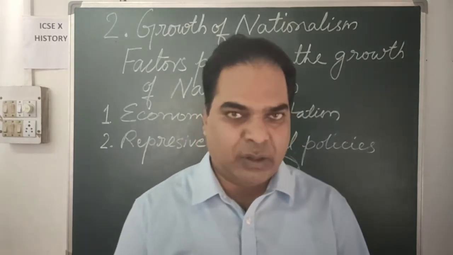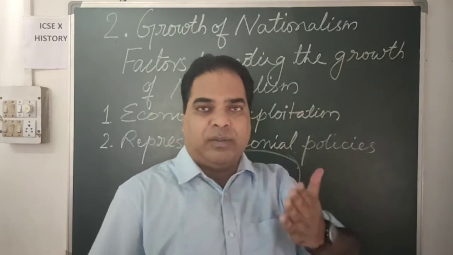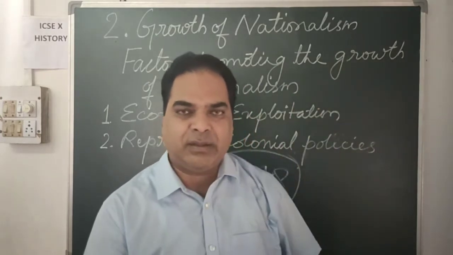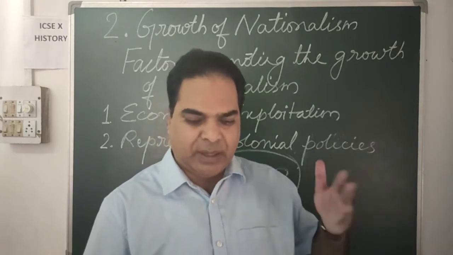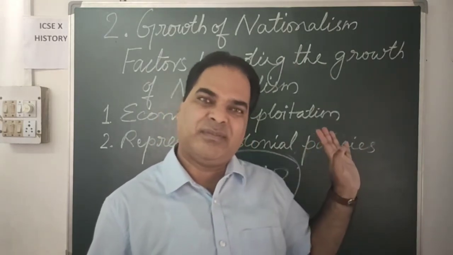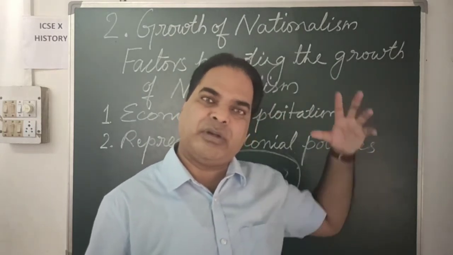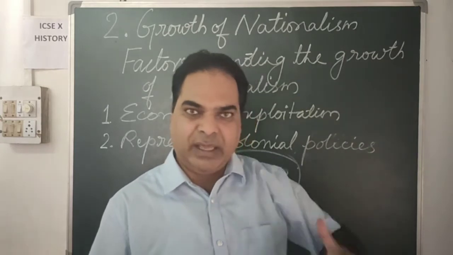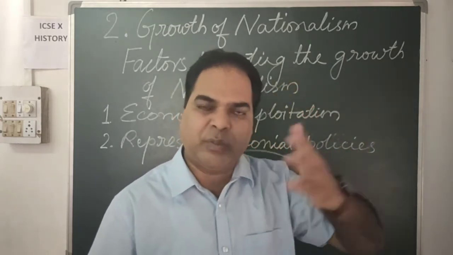This duty was abolished. That means the goods imported from Britain had a 5% duty imposed, but now in 1879 it was removed. Indian goods, when they entered the European market, faced very high import duties. But British goods coming into the Indian market had the import duty removed.